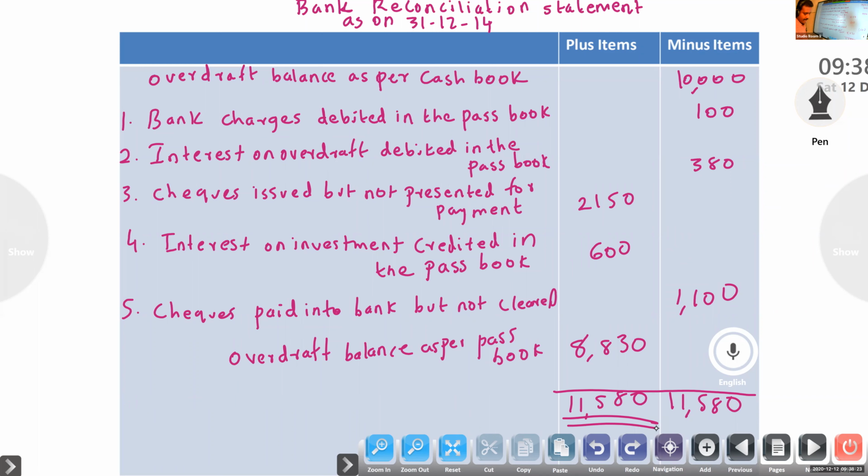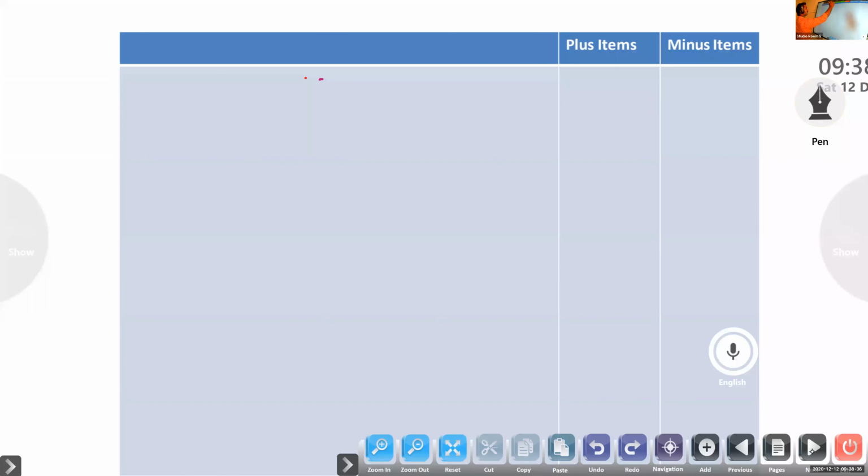Okay, next one, 13th one, the 12th symbol only that you can do. Bank reconciliation statement.